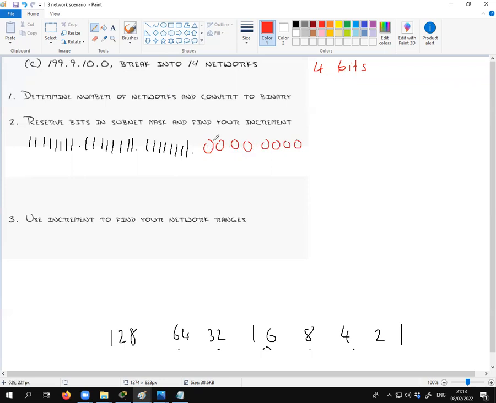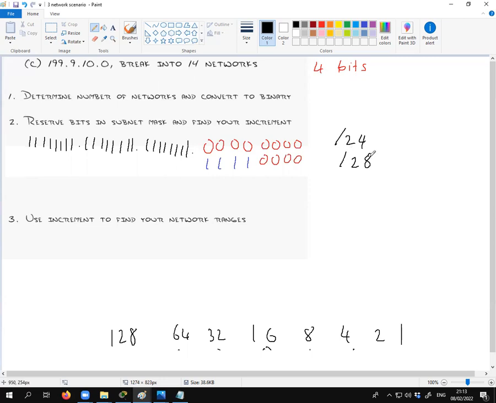We're taking 4 of these zeros and changing them into ones in order to create extra subnets. So you go from a /24 to a /28.